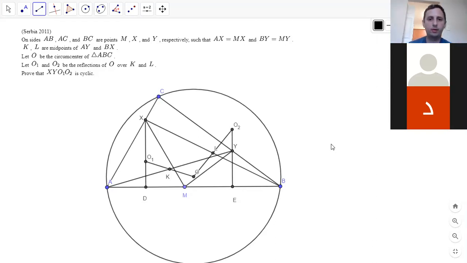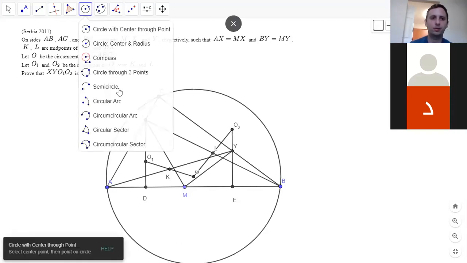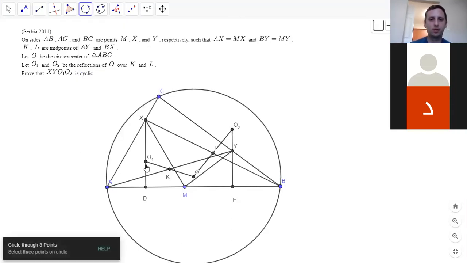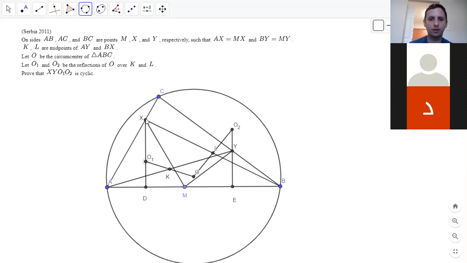But wait, that wouldn't make sense. That would mean that XY O1 O2 is a trapezoid. So we actually want to show it's an isosceles trapezoid. I think that's true. I think that's right. It's kind of silly.